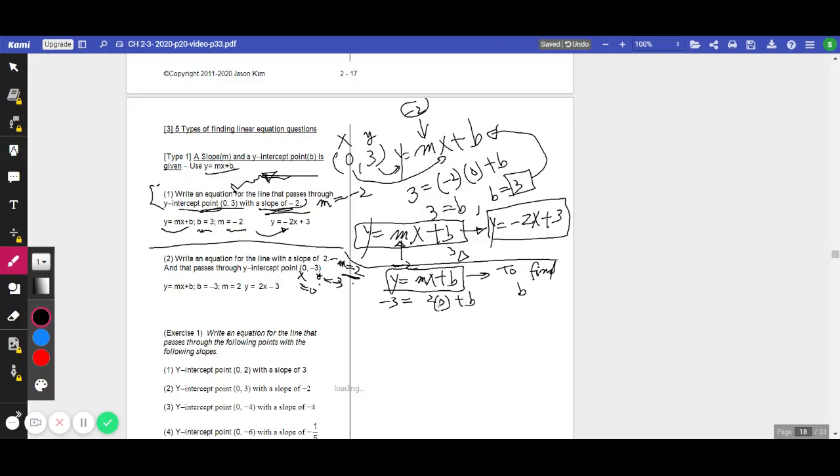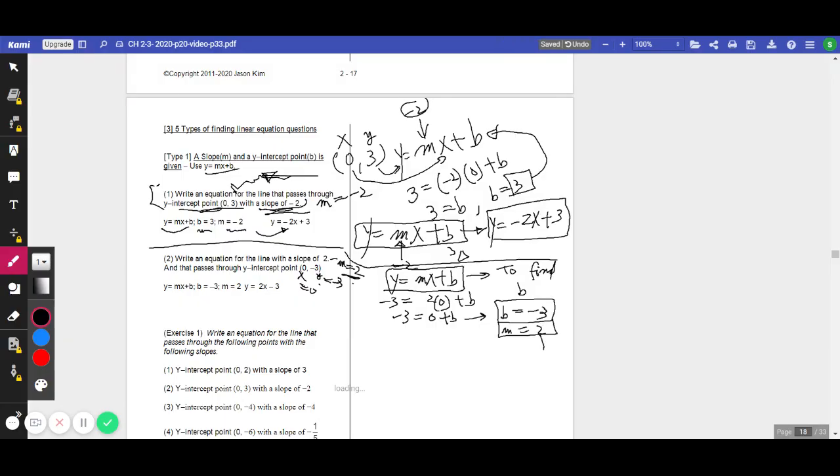So 0 times anything is 0, so you can rewrite -3 equals 0 plus b. So from there, we found b equals -3. Now, we know m was 2, right? And b is -3.